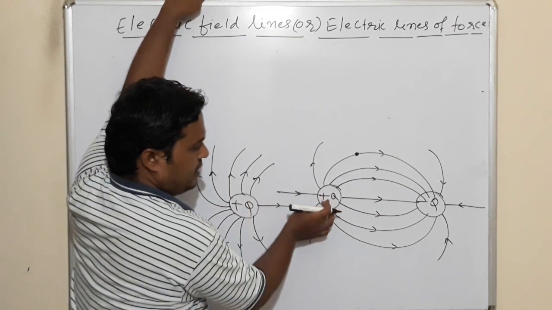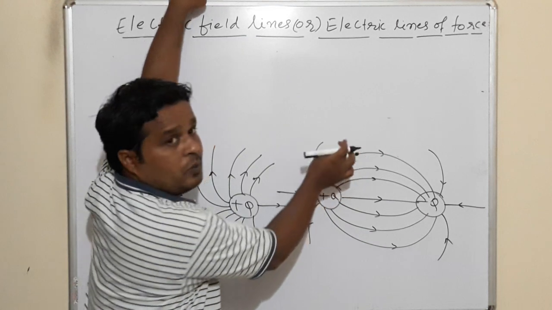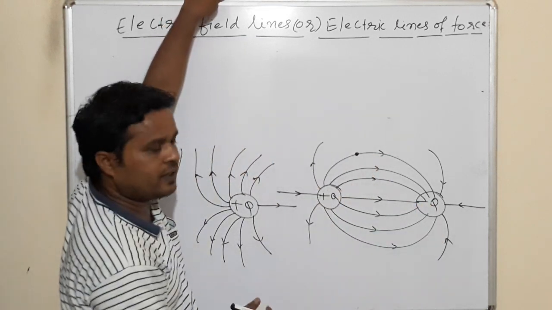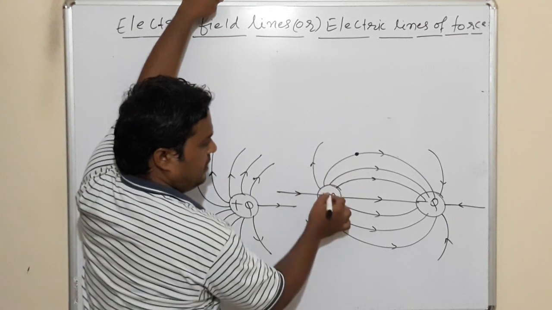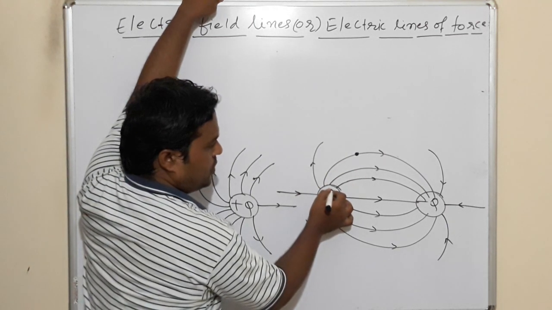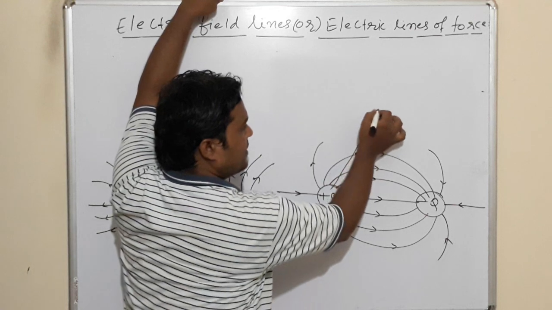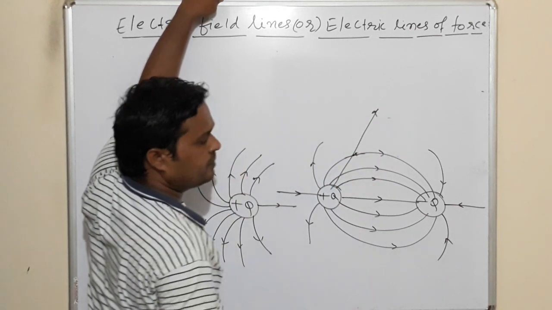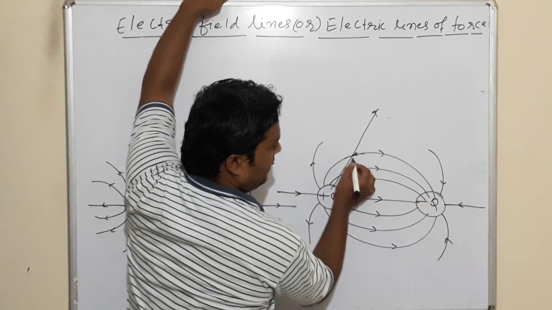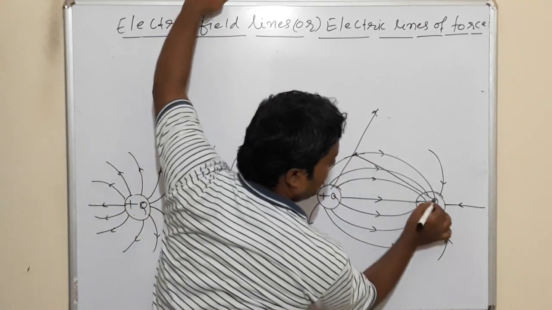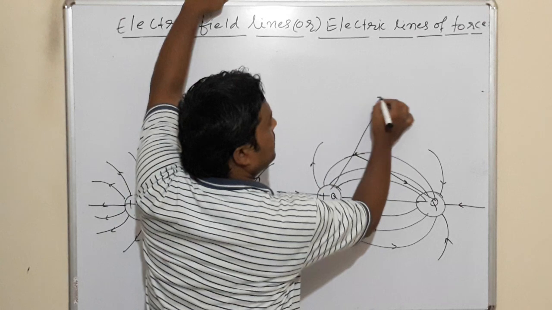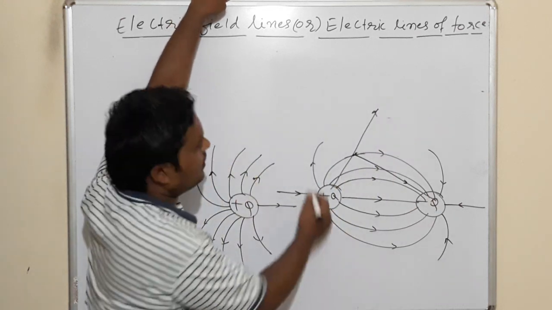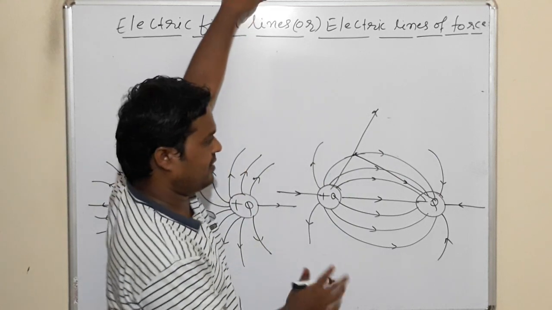The electric field of this charge will be there, and the electric field of the other charge will also be there. At this point, the electric field due to the positive charge will be directed like this, and the electric field due to the negative charge will be directed like this. Two fields are there. Depending upon the distance values, the magnitude of the fields can be decided.